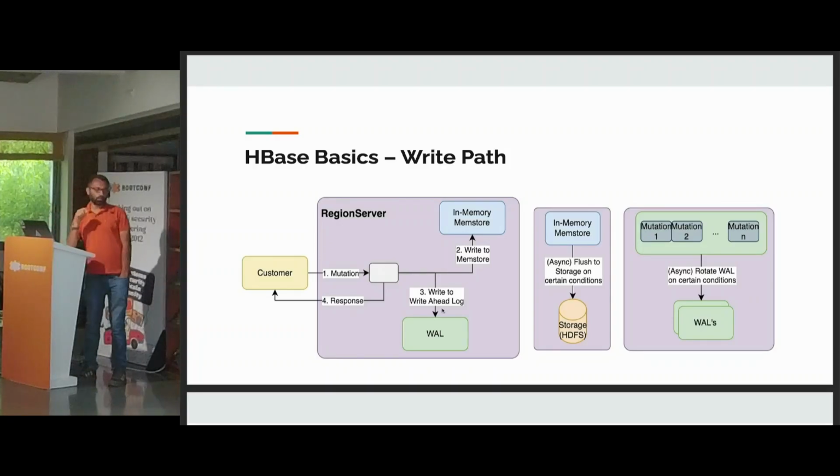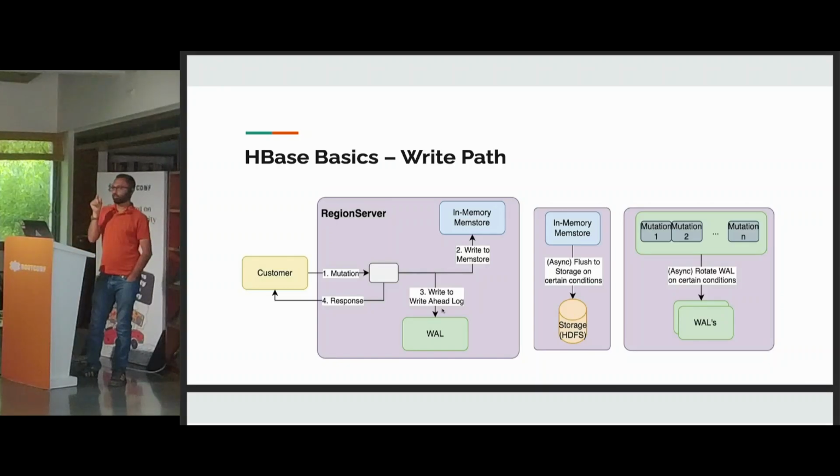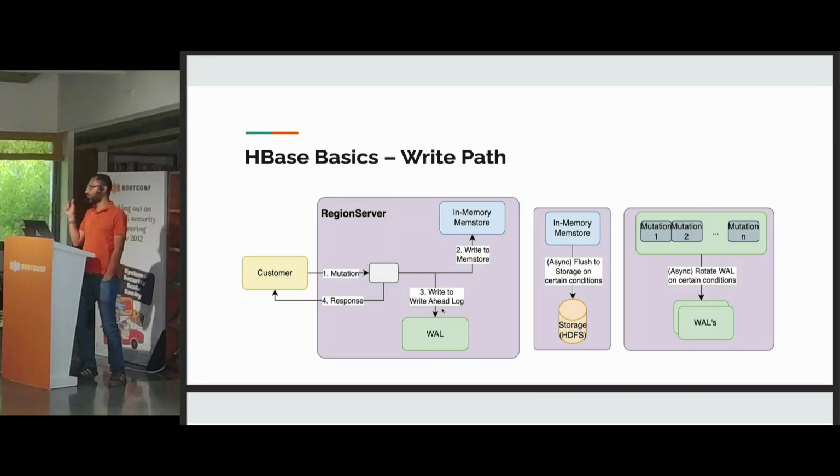The unique specialty of this write ahead log is that it is an append only file system. For example, if you look at MySQL, you have a B tree, and in the B tree you have to identify which node to modify, you have to search for it, modify it, and so on. When it is doing disk based operations, the IO is higher on the disk side, but here it is append only.